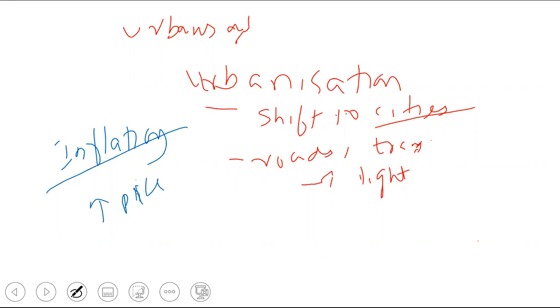Inflation means increase in price. क्या होगा? महंगाई बढ़ जाने पर automatically people demand more income and government has to provide them more income. Salary बढ़ जाएगा, pension बढ़ जाएगा. All this will automatically increase the expenditure.